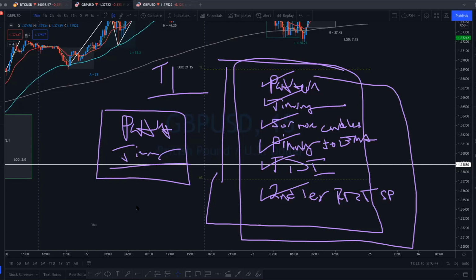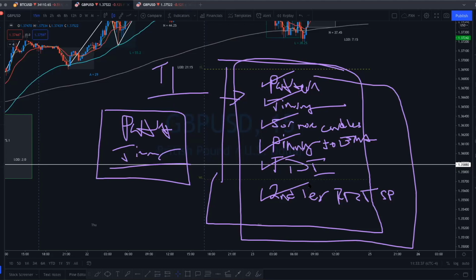So now imagine that every time you take a type 1 trade setup, you're following this list, and if all these check, you take the trade. If they don't check, you don't take the trade.